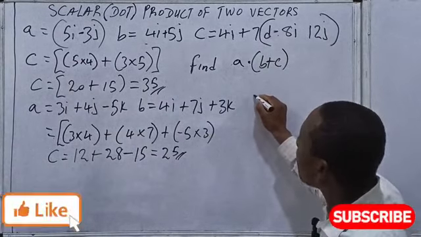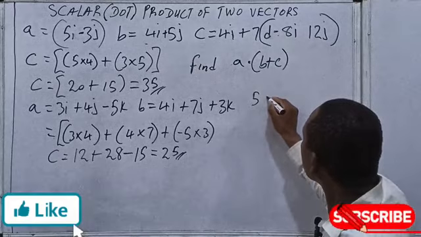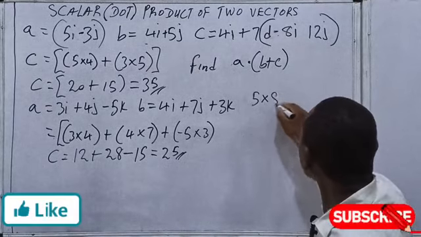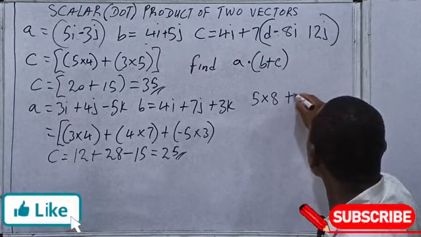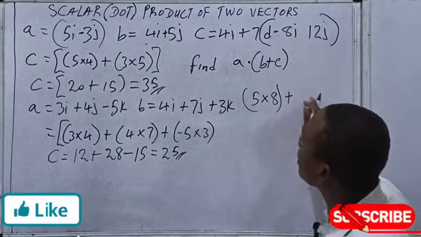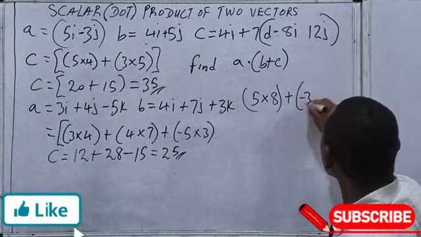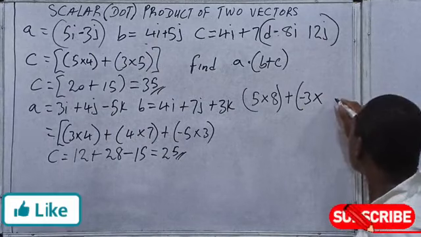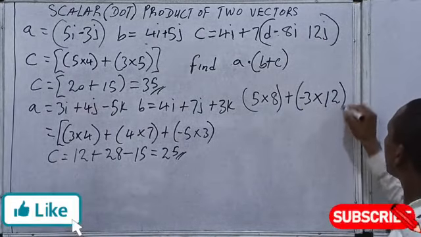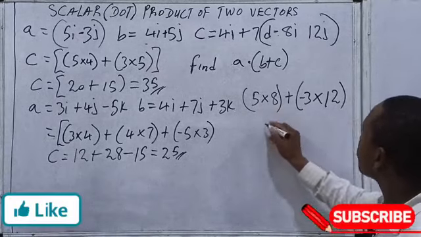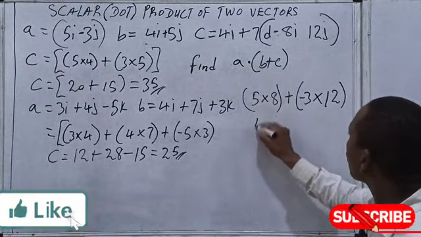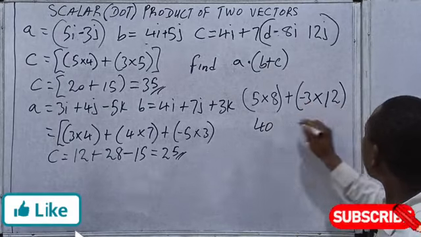Pick this and this as we did before. So you have 5 times 8 plus, put it in brackets, all right? Then this and this, minus 3 times 12. So if you use it to multiply this, what will you get? This will give us 40. If you use it to multiply this, what will you get?